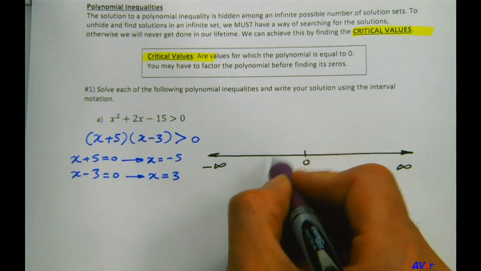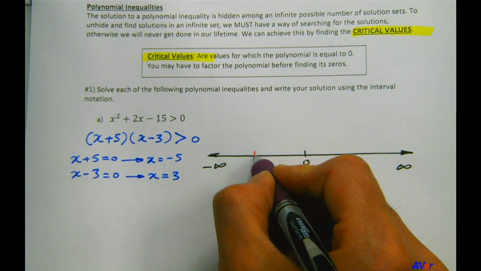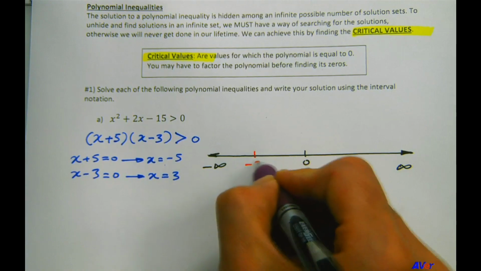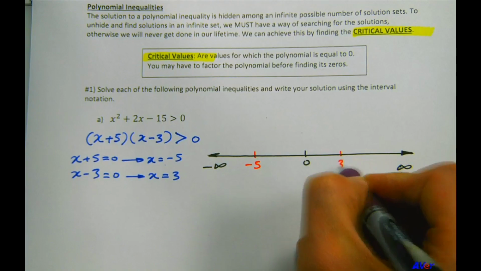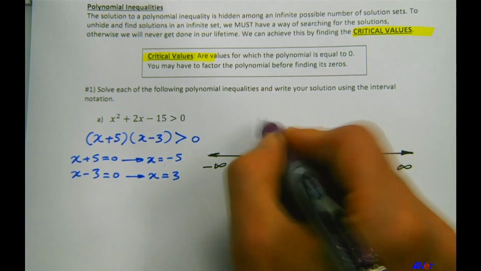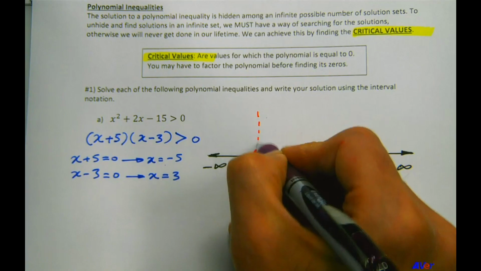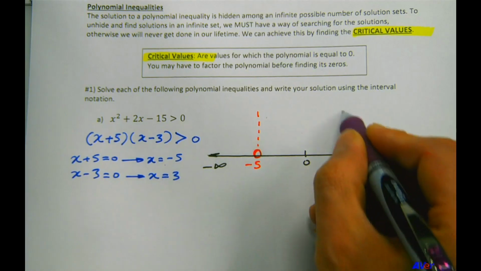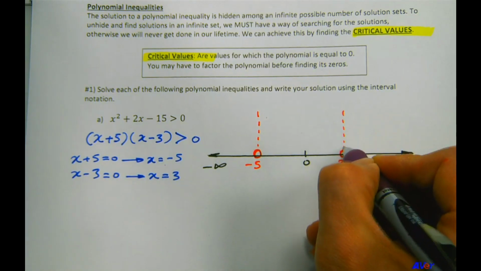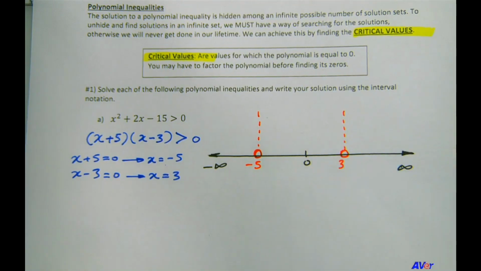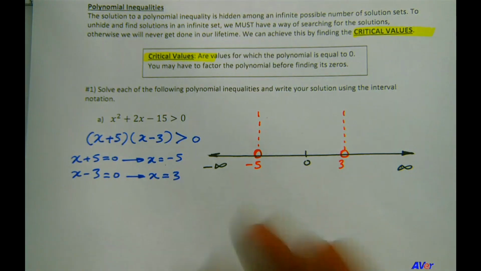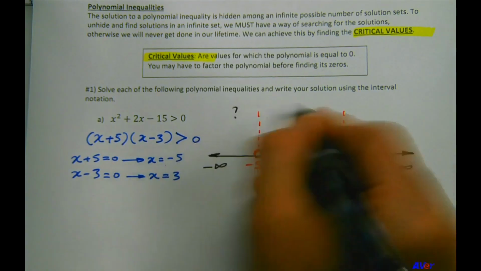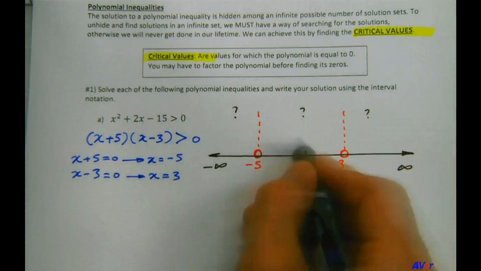So if I say that this is negative 5, and this is 3, I'm going to put a hollow circle there and a dashed line over it, meaning that negative 5 and 3 are not acceptable results. But what's the use of them then? The use of them, as you can see, is that they divide the real number line into regions where we can test. 3 regions for us to test.